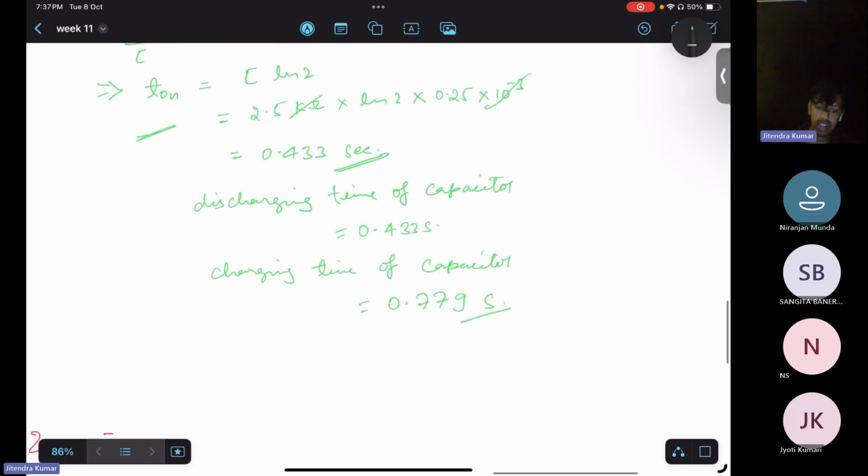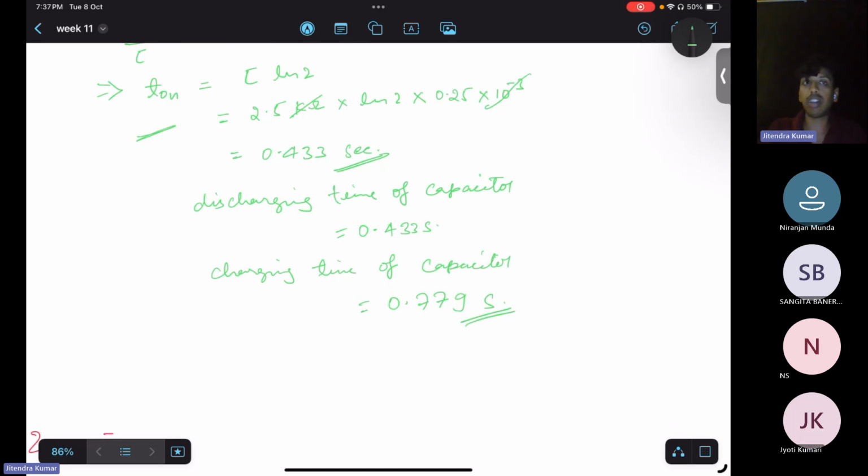So as we said, during discharging there is only one resistor, so it will discharge faster because the time constant will be smaller. And during charging, the current has to flow through two resistors, so its charging time will be slower. So in that fashion, we are able to calculate the discharging time of the capacitor as well as the charging time.